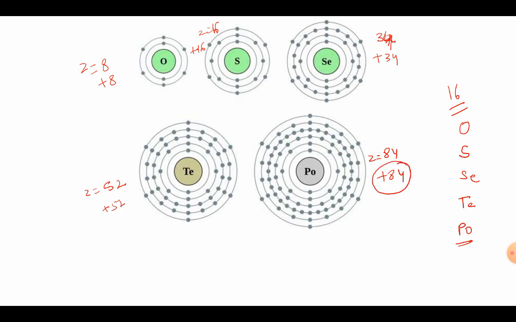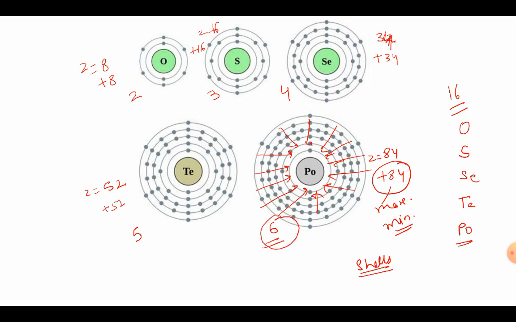Now, as per this, the nuclear force of attraction is maximum in case of polonium. So size should be minimum in case of polonium, because in this case, the shells will be strongly pulled by the nucleus inwards. And because of it, the size should decrease. But there is another factor. We always have to compare these two factors. Shells are 2, then 3, then 4, then 5, and finally 6.